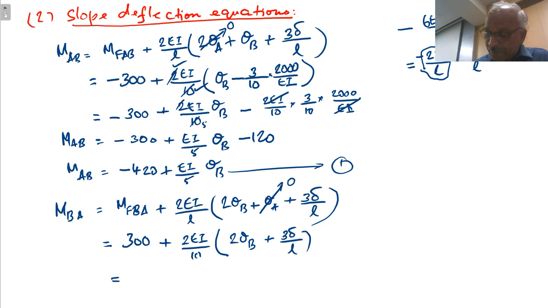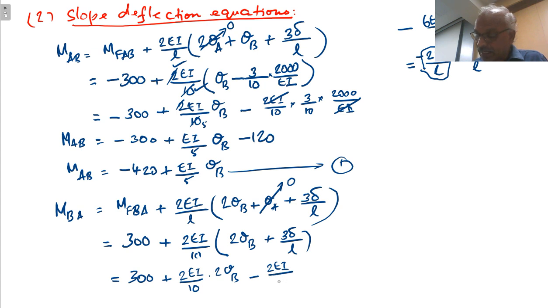So this is equal to 300 plus 2EI by 10 into 2 theta B minus 2EI by 10 into 3 delta by L. Actually I should have written here plus, as per the formula.